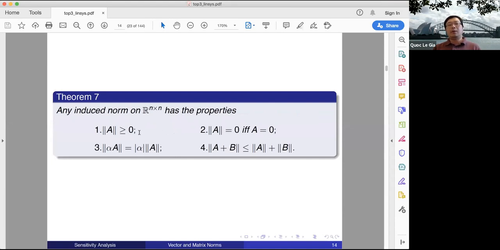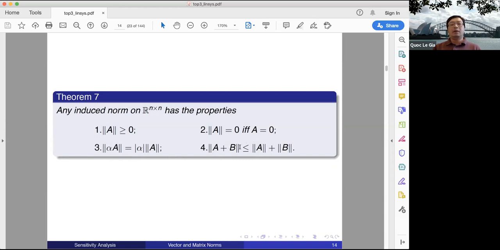It is greater than or equal to 0, which is obvious, and equals 0 if the matrix A equals 0. You can show this from the definition, and the next property as well. I think property 4 is a bit tricky, but we won't spend time on this. Maybe we just skip it. The norm of the matrix satisfies the triangle inequality.